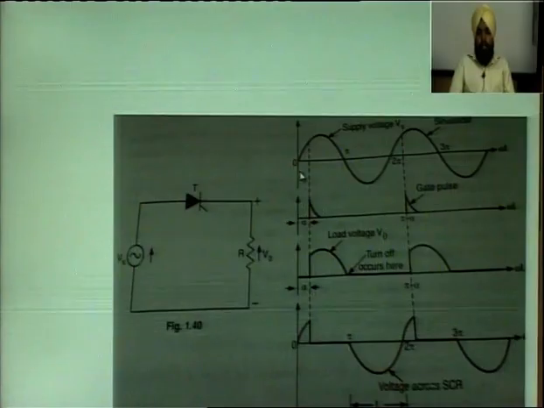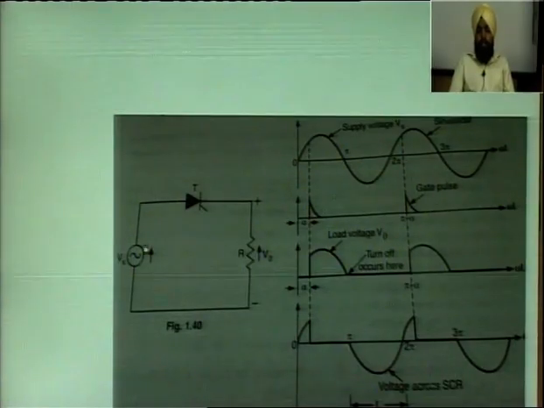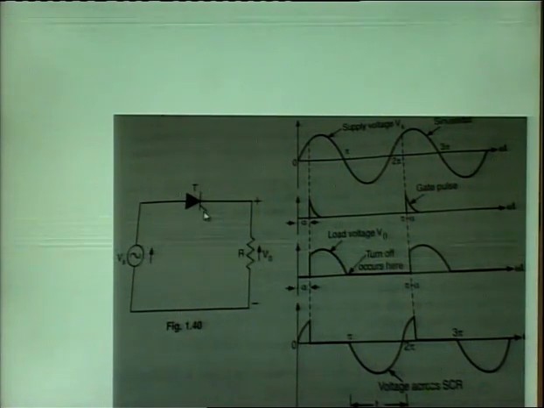After 180 degree angle, the negative half cycle will come, and this SCR will naturally commutate, and the voltage and the current through this thyristor will become 0 after this 180 degree zero crossing. So, after this point the SCR will turn off naturally.